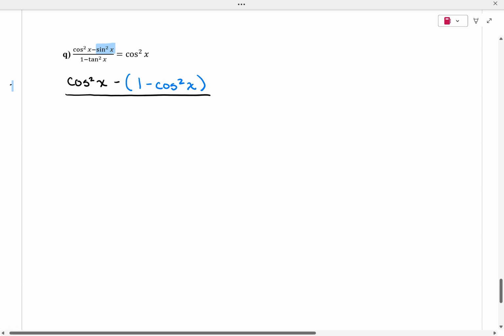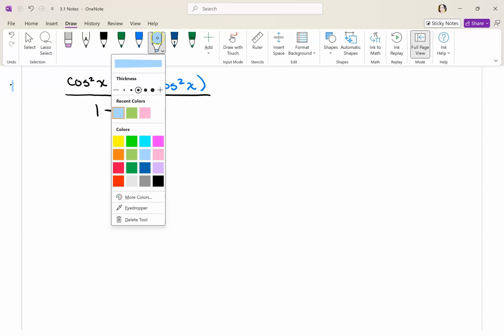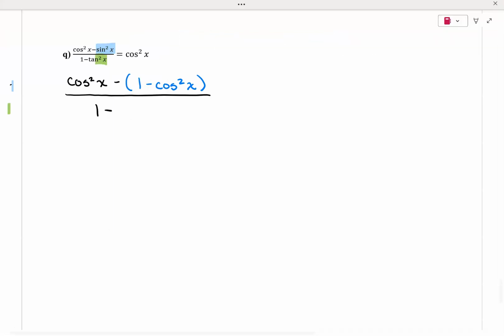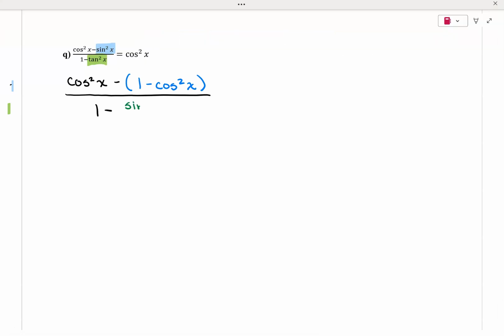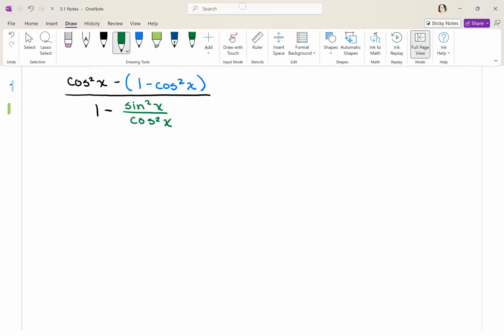all over 1 minus, and let's try to change this one too. And so that is sine squared x over cosine squared of x. Okay, so let's see what we got here.